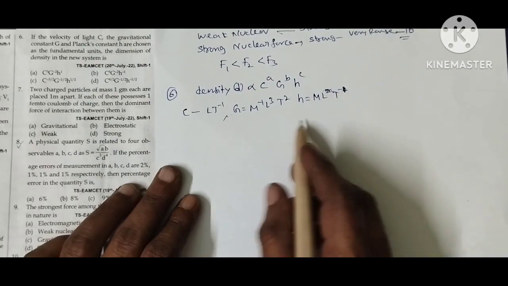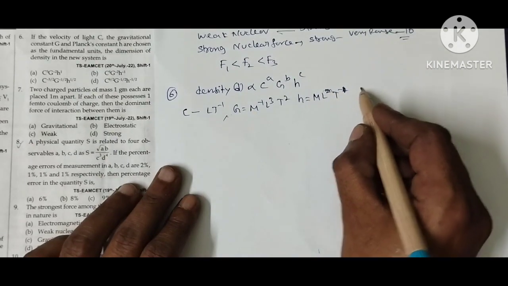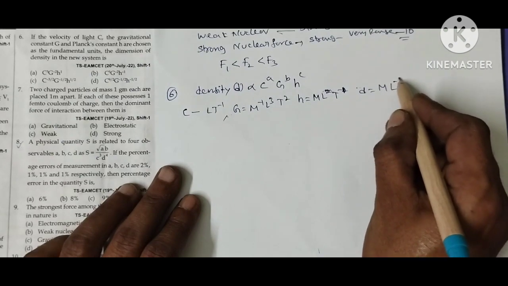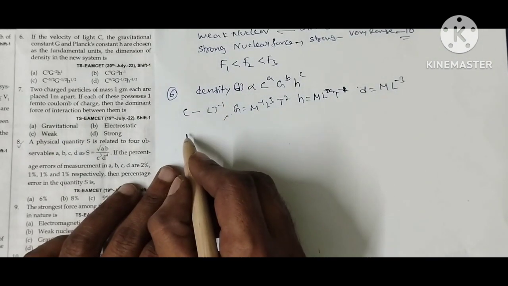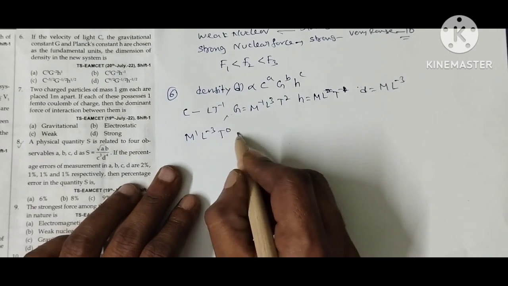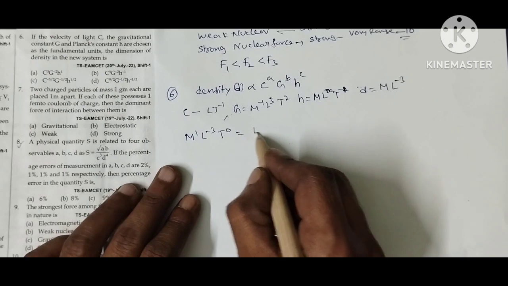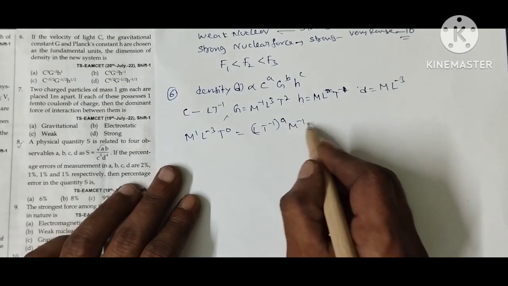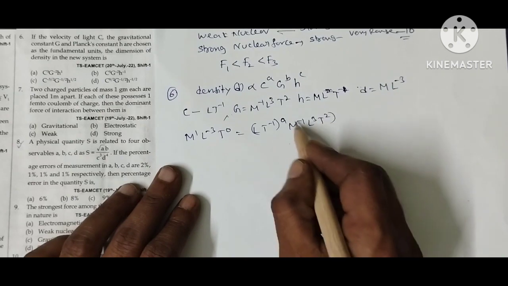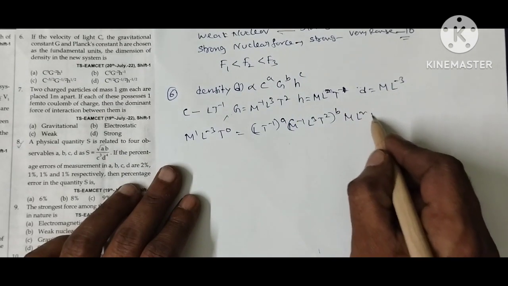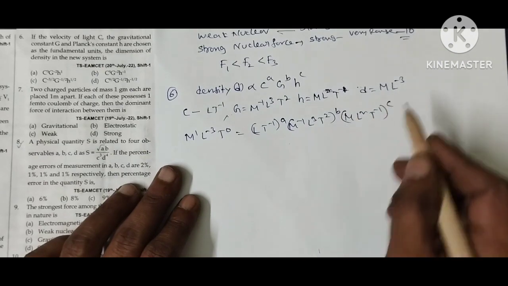So density, you know the formula, is mass by volume. Mass means M, volume means L power minus 3. So you can write: M power 1 L power minus 3 T power 0 is equal to c, that is L T power minus 1, whole power a, times G, that is M power minus 1 L power 3 T power minus 2, whole power b, times h, that is M L square T power minus 1, whole power c.